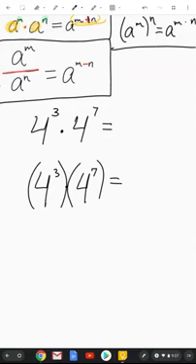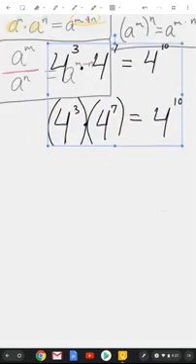This rule tells us that if there's multiplication happening between the base, and it's the same base, 4 and 4 are the same base, then I can add the exponents. So I keep the base the same, and then I just add the exponents. So I'm going to get 4 to the power of 10. Same thing over here. Because those are being multiplied, I keep the base, and I just add the exponents. That's a really simple version of that first property, or that first rule, with multiplication.